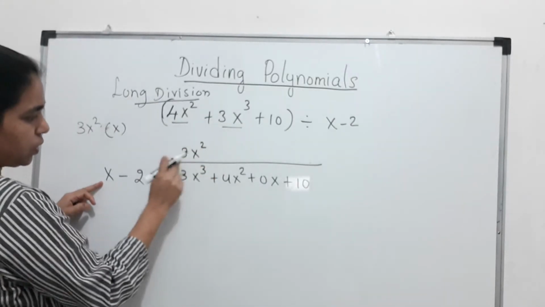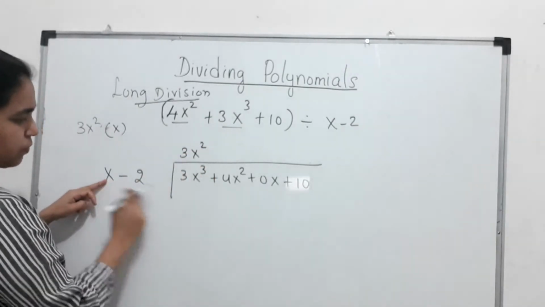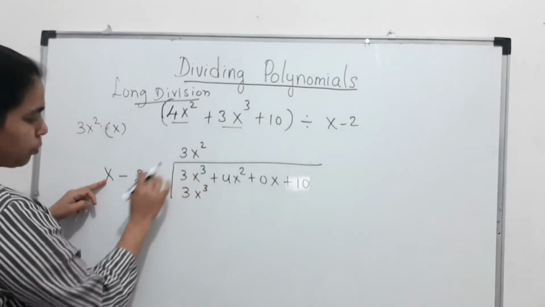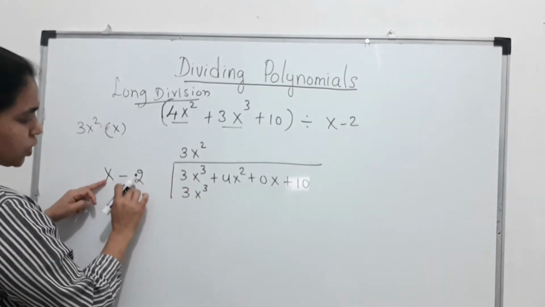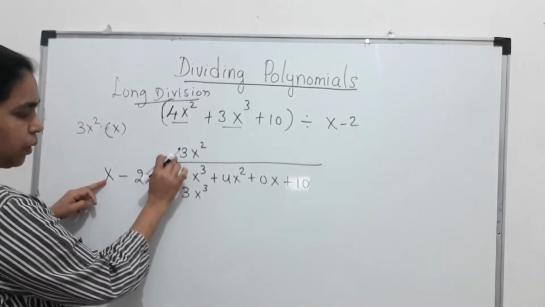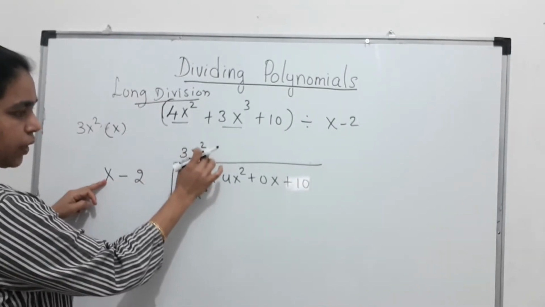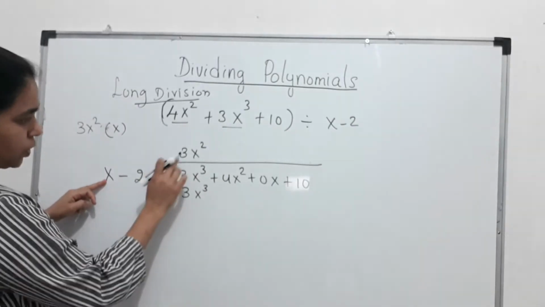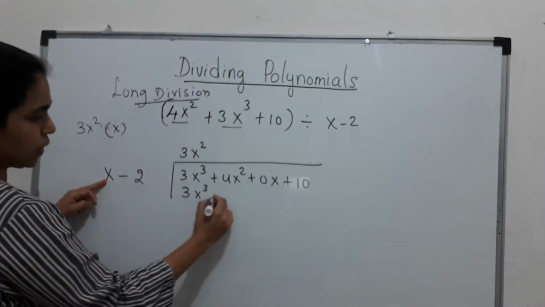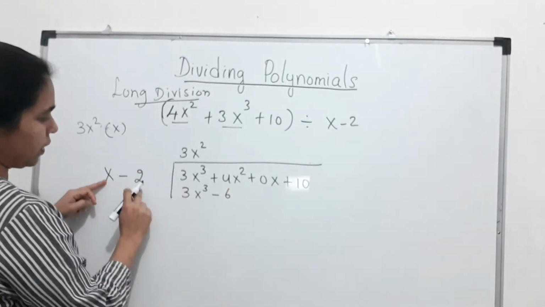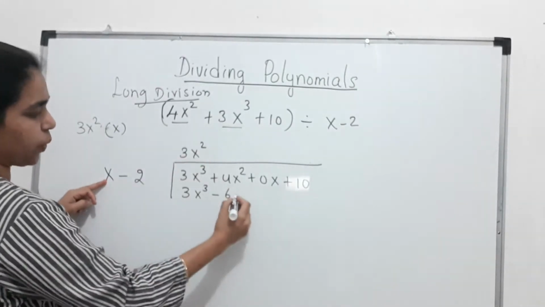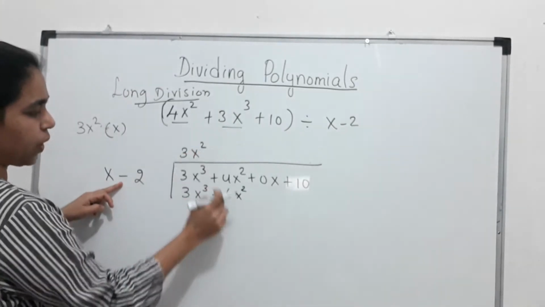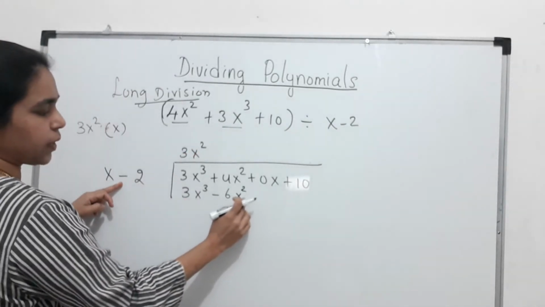And then you have to multiply the second term with that number. Whatever expression you are writing here must be multiplied with the second term. So negative 2 times 3x squared is minus 6x squared.